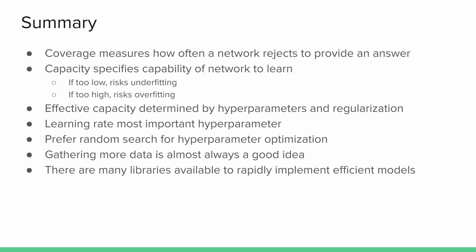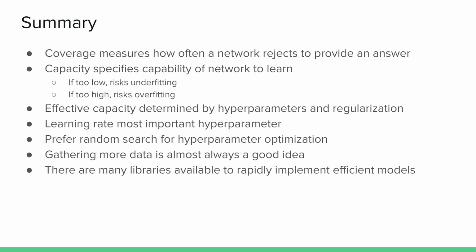So if the capacity is too low, we would risk underfitting, of not being able to learn the underlying function. If it's too high, we risk overfitting, to learn too sharp curves of our function and then not being able to generalize well to previously unseen data.